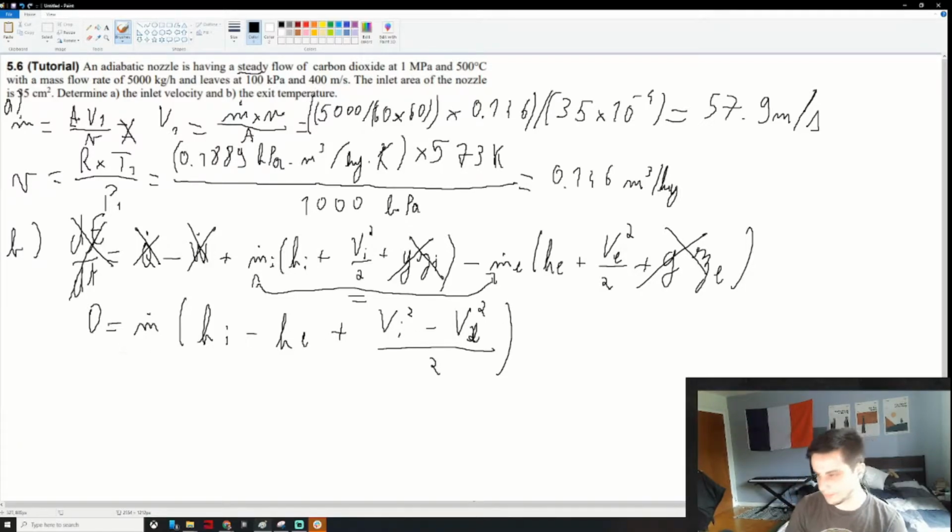And so what do we know and what do we not know? We don't know specific enthalpy at either the inlet or the exit. We know the velocity at the inlet, we just found it before, and at the exit, it's given to us in the exercise description. So we have 2 unknowns, but these unknowns can be replaced by this equation.